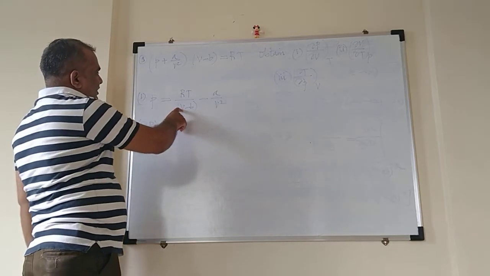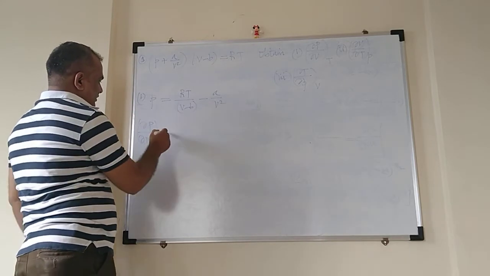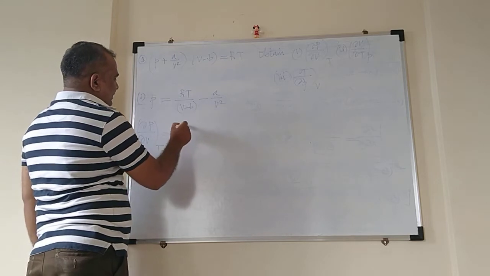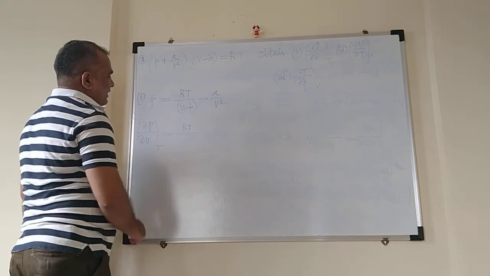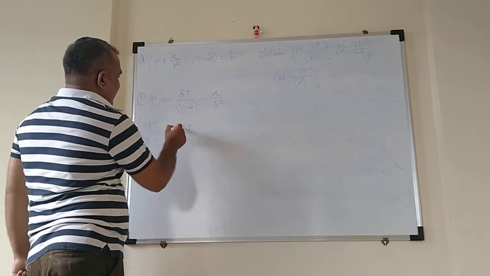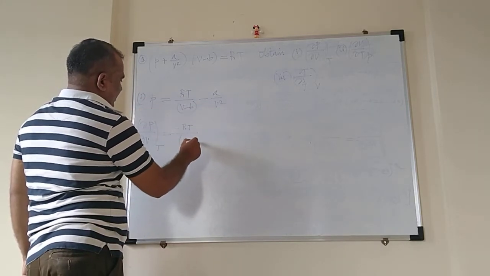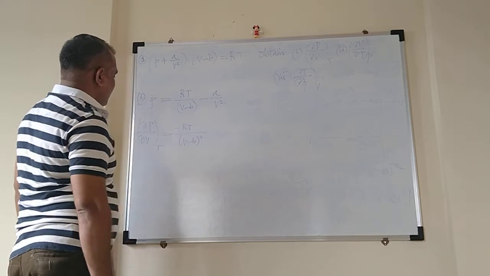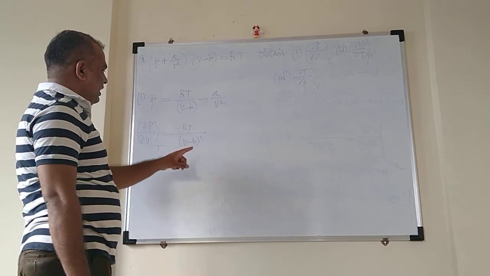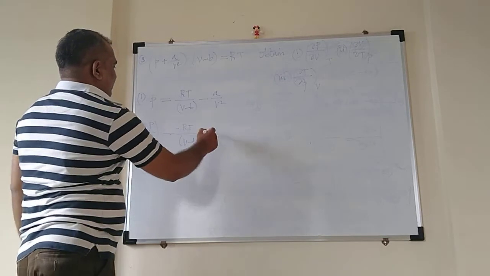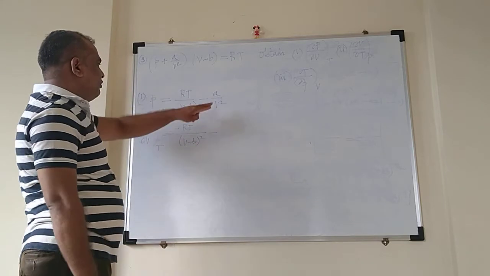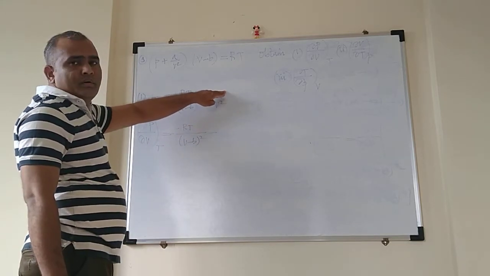Fine. So differentiation of this term will be, this is equals to, now ∂P/∂V at constant T. So RT is a constant, I should write as it is, and differentiation of 1 upon x is equals to minus 1 upon x² into differentiation of this with respect to V is 1 because b is a constant, minus, now differentiation of this with respect to V, now 1/V² can be written as V raised to minus 2.